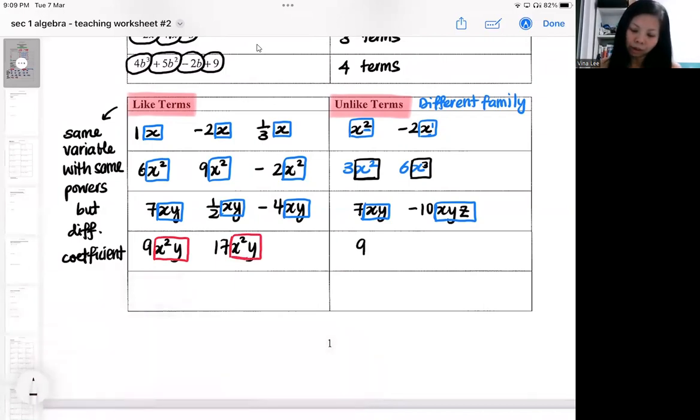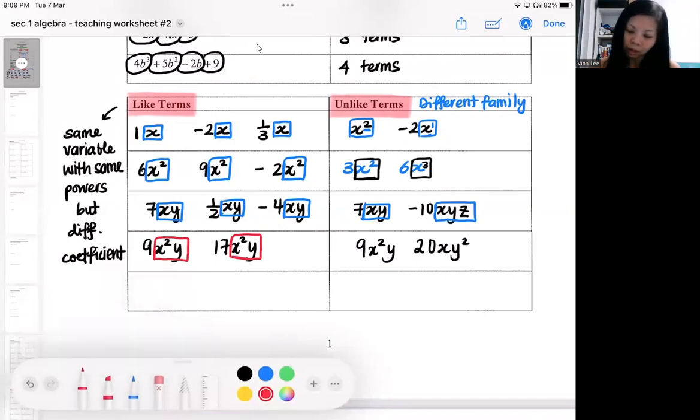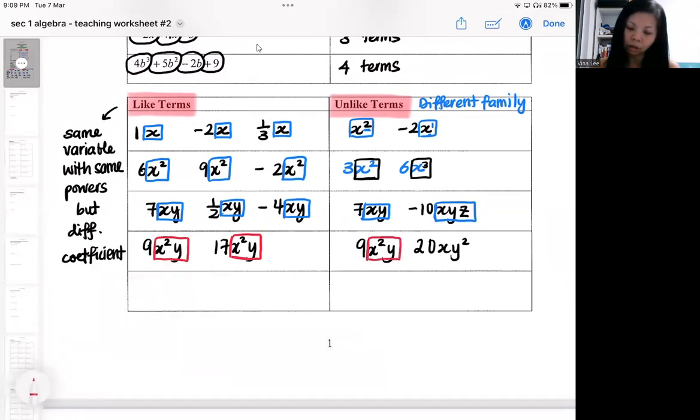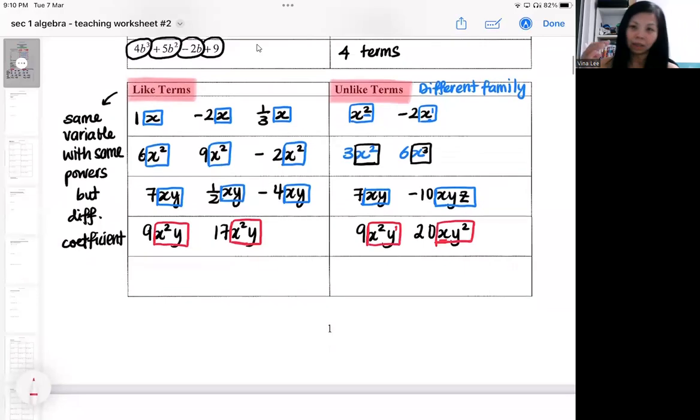But if I gave you it like this, they are not the same, because x squared y has x squared, but if you look at the x here, it's just x. So even though it's the same algebra, the power is not the same. Same thing, this is y to the power 1, and that one is y squared. So both are different families. So we need to be exactly the same.